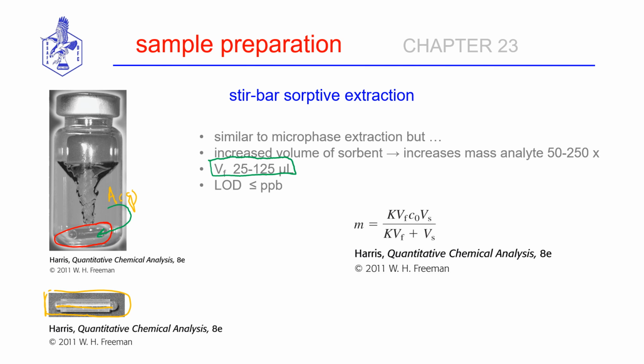So this is going to allow more of our analyte species to move into that fiber, and so it's going to allow us to detect down below parts per billion level. And once again, the same equation applies in predicting the mass of the analyte species in micrograms that can be pulled out of a solution in which the initial concentration of that species is designated by C sub 0.